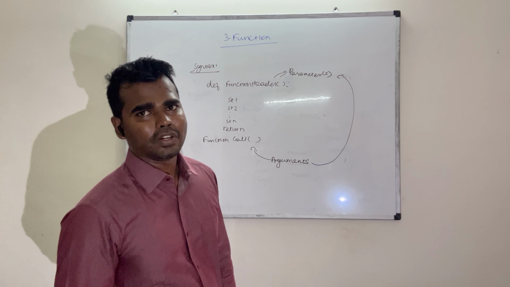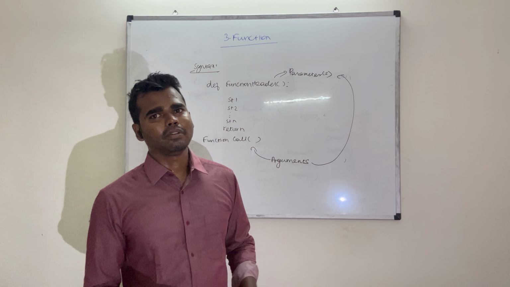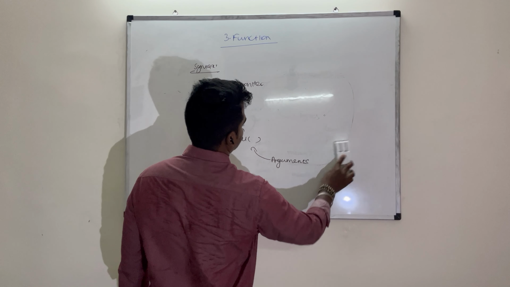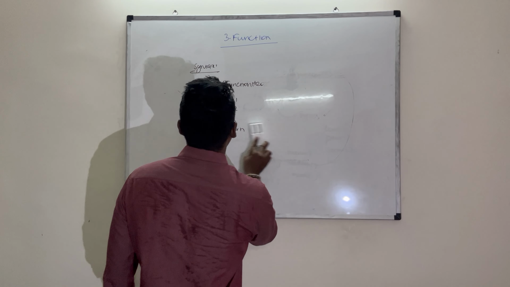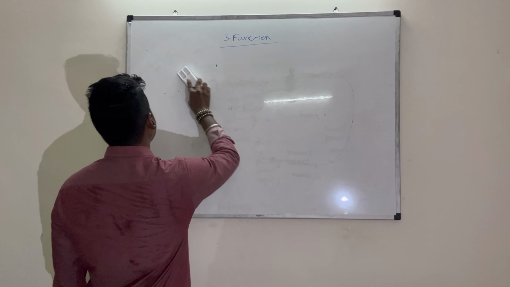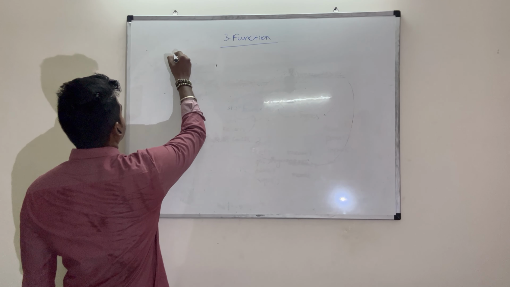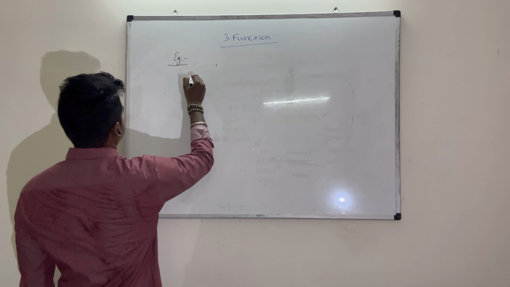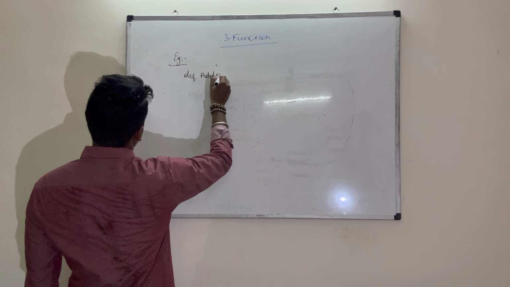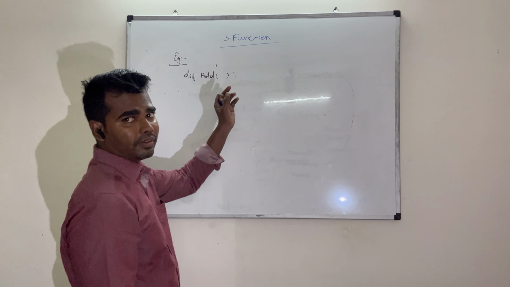So, addition of two numbers. Whichever language we learn, first we learn the addition of two numbers. Example: def add, colon. The function header should be terminated with a colon.